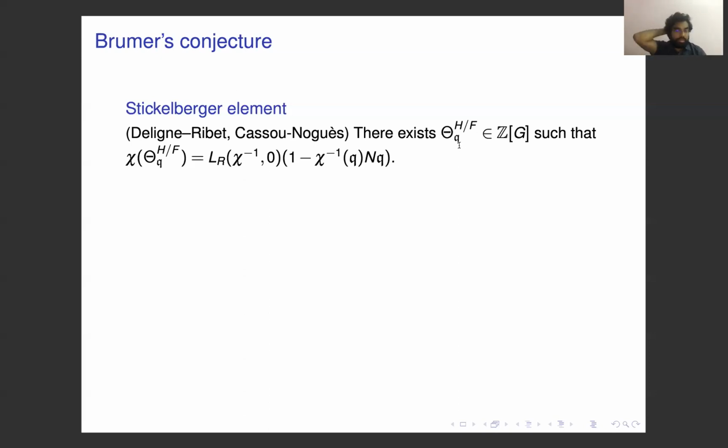So a priori, this theta lives in the group ring over the complex numbers, but it's a deep theorem of Cassou-Noguès and Deligne-Ribet that actually it's an element of ZG.